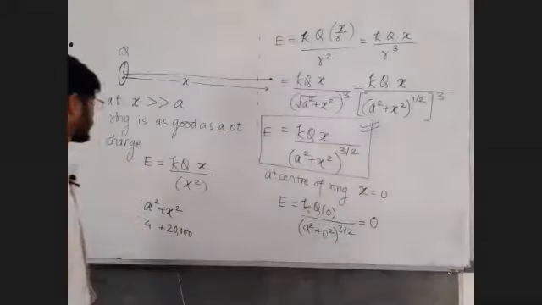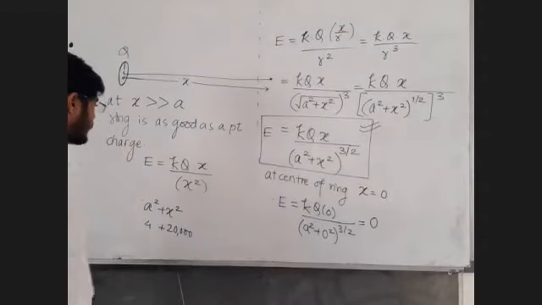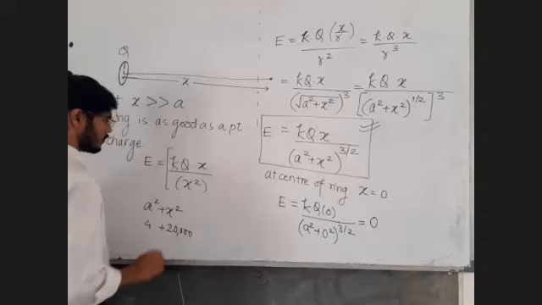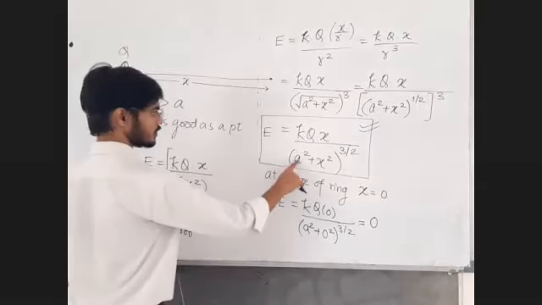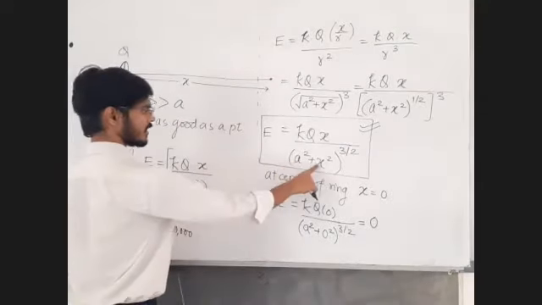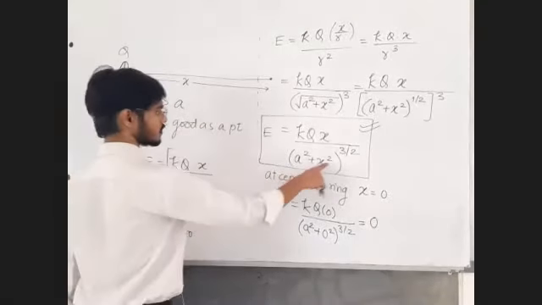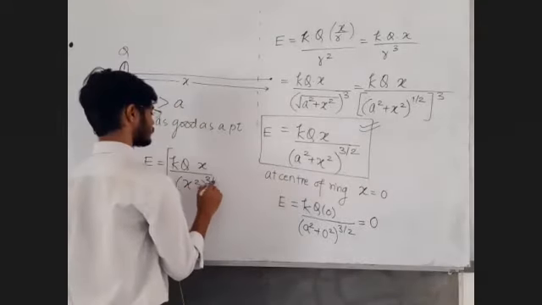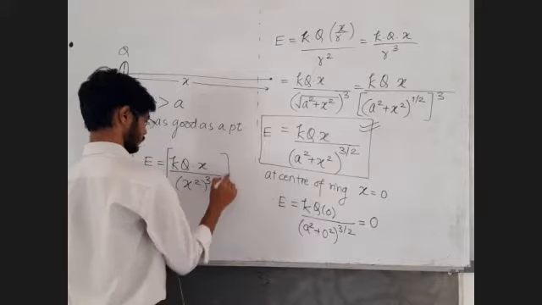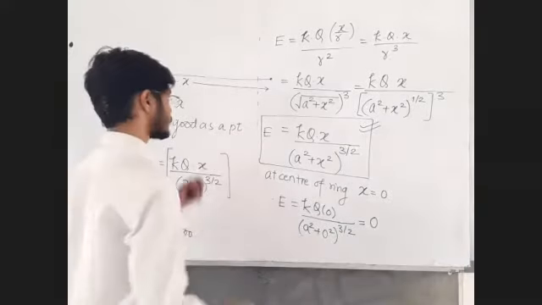This kind of approximation we have already done in the gravitation chapter. So this a square will be negligible compared with the x square because x is very, very large. So write here x square, raised to 3 by 2.